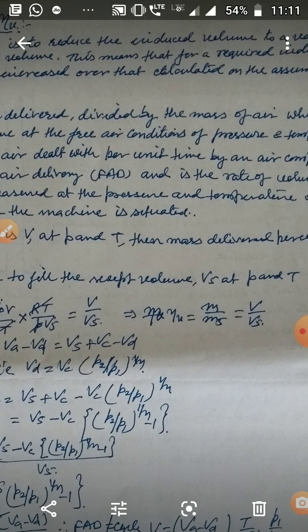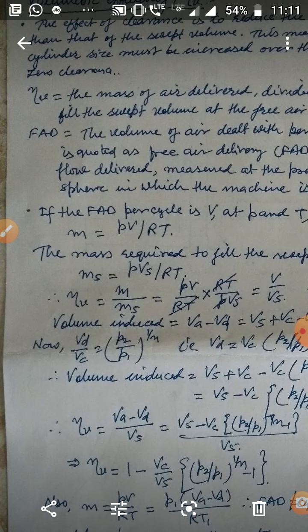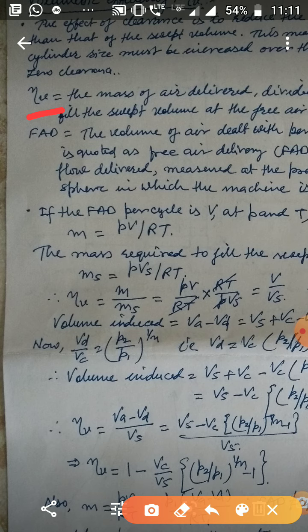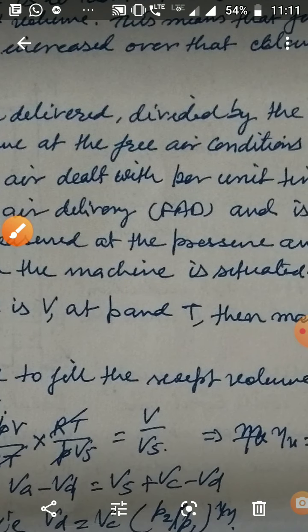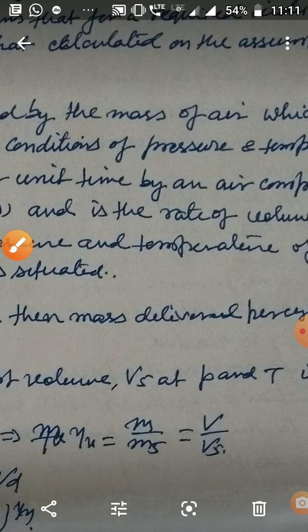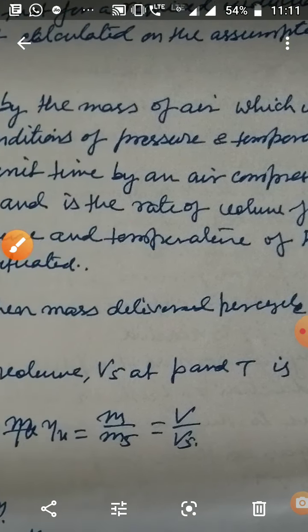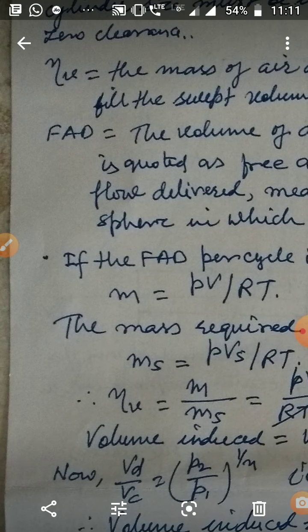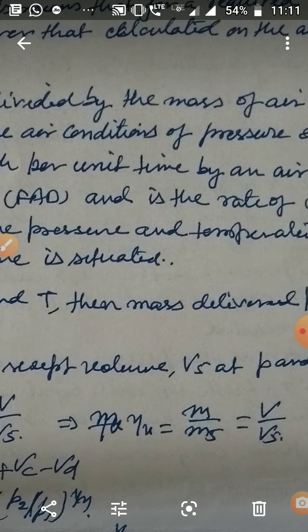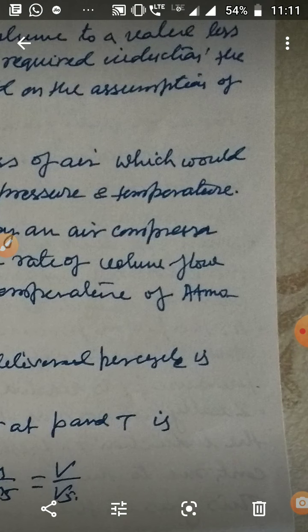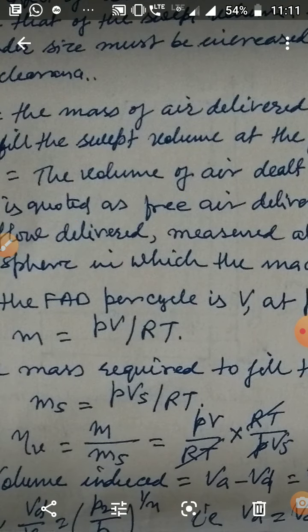So the volumetric efficiency is defined as the mass of air delivered divided by the mass of air which would fill the swept volume at the free air conditions of pressure and temperature.